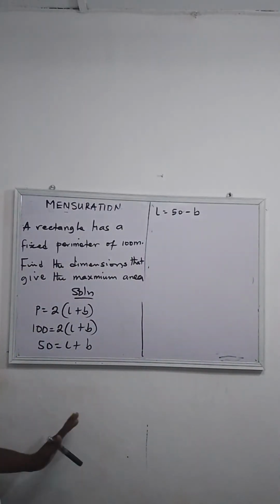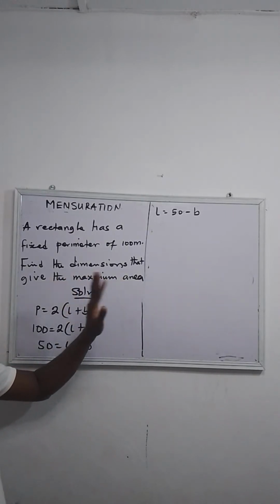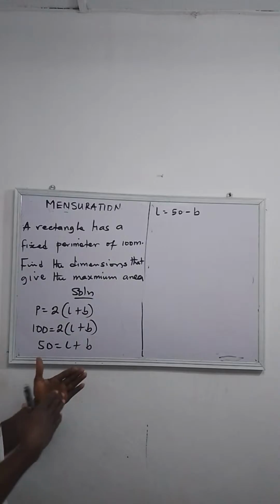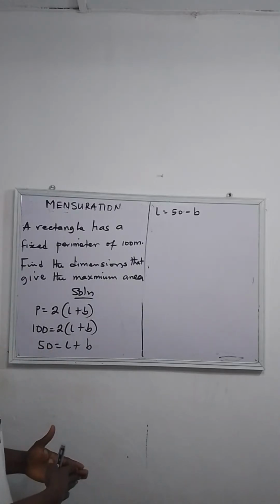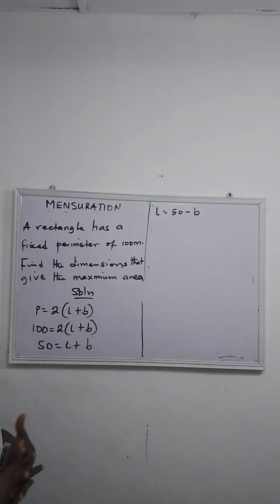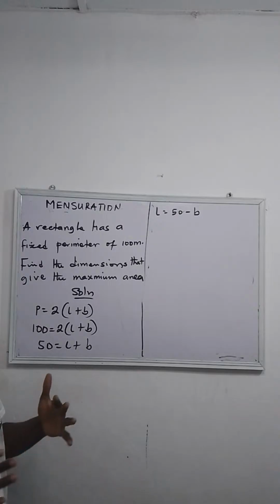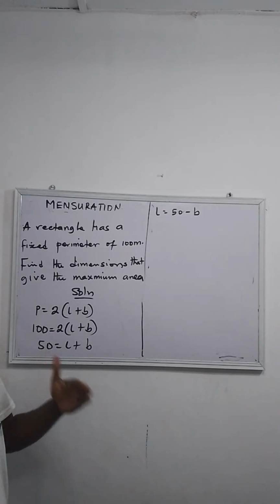Since we want to get the maximum area, I've said earlier that the length must be equal to the breadth. Do you understand now? Whenever I want to get the maximum area of a rectangle when the perimeter is given, we must have equal length and breadth.